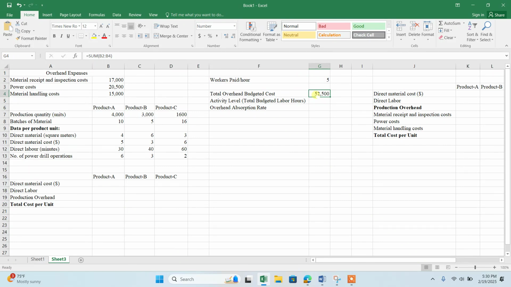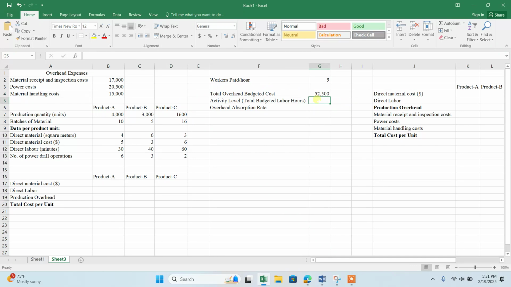Again, I'm repeating, this is the cost of all these units produced. How many hours do we require to produce this number of units? Once we find the total number of hours, remember this cost is not for one unit, this is the cost of all these units produced.